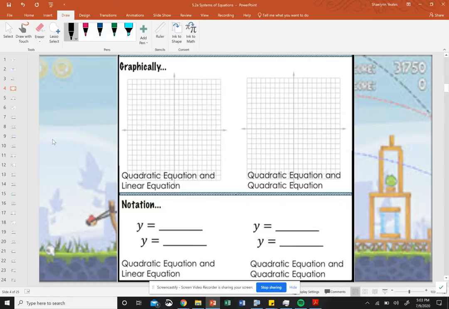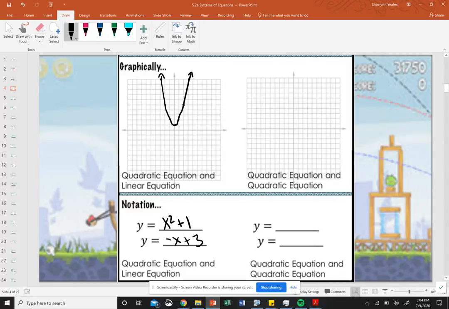So graphically, we can solve equations by graphing the two and seeing them. So let's say we saw a graph that was y equals x squared plus 1 and y equals negative x plus 3. So this is a quadratic equation with a linear, and this would look like this. Okay, it would look something like this.